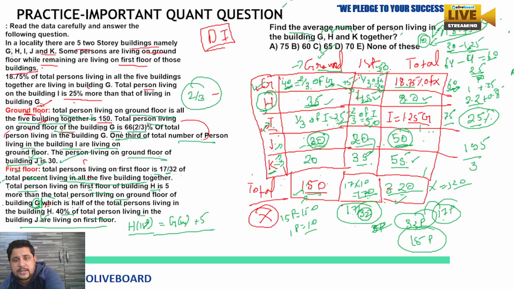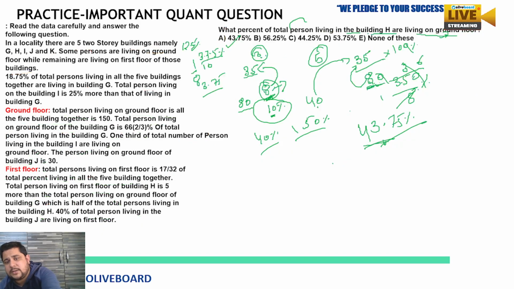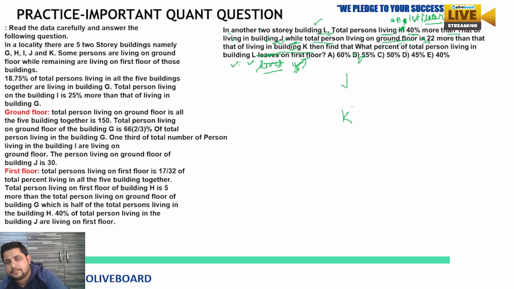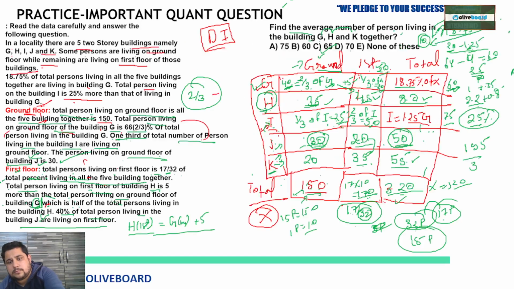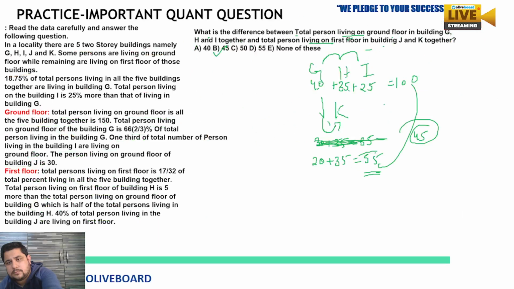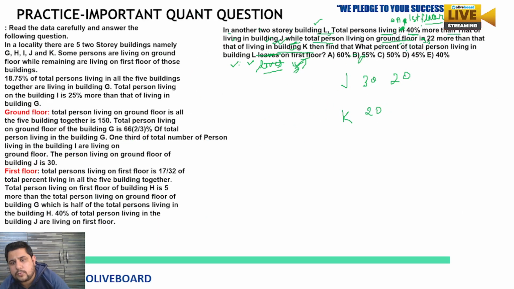So I am taking the data from buildings J and K. In J 30 and 20, and K 20 and 35. This is about the ground and first floor.